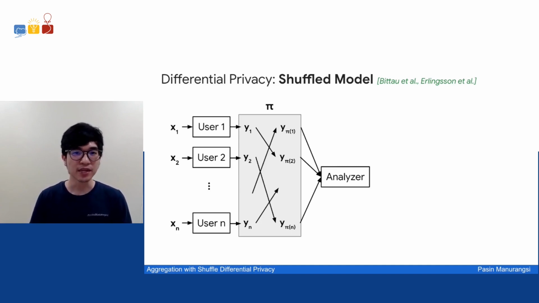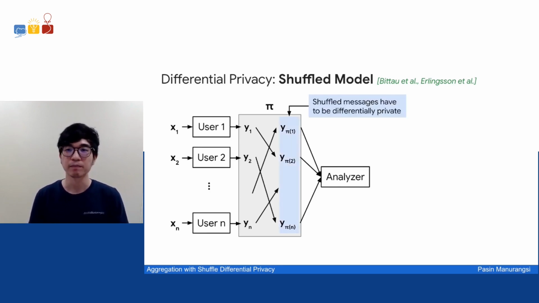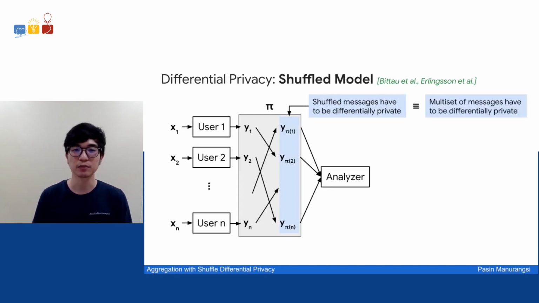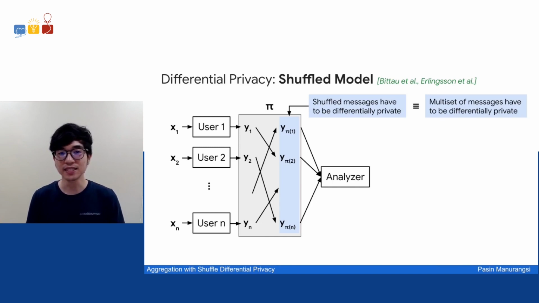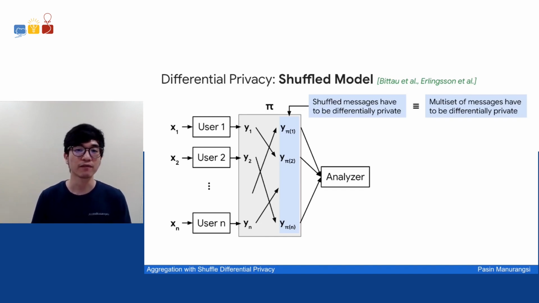Our new requirement here is just that these shuffled messages have to be differentially private, or in other words, we require the multiset of messages to be differentially private. And note here that as long as we are able to perform this shuffling, we would be able to guarantee our privacy even against the analyzer. And therefore, we have relaxed the trust requirement from the central model.